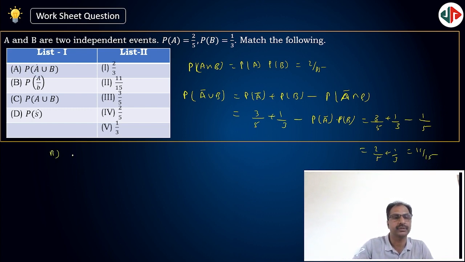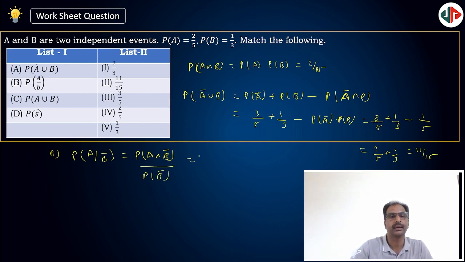Next, second one is P of A by, I think it should be B bar or B. So this is P of A intersection B bar by P of B bar. If A and B are independent events, then this is P of A into P of B bar by P of B bar, which is P of A, 2 by 5.